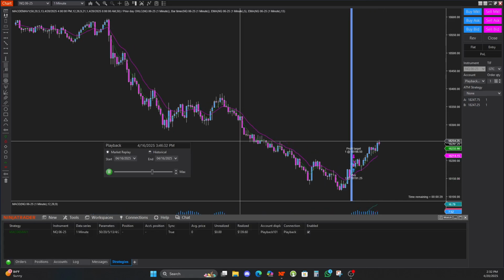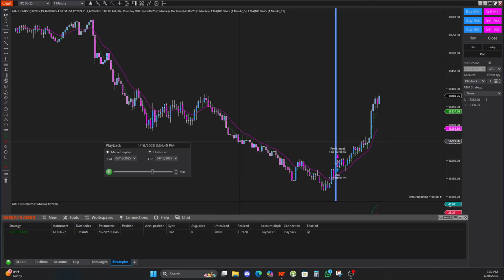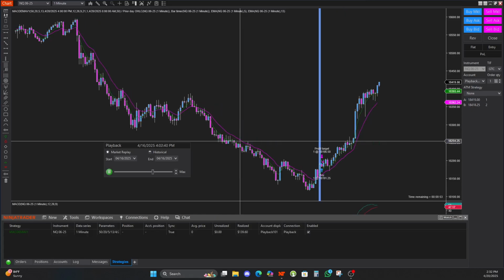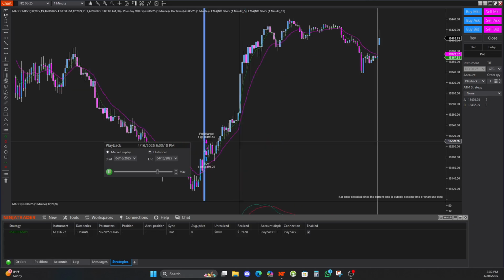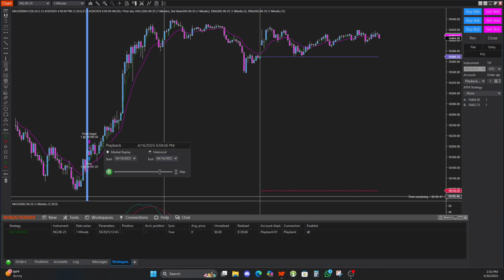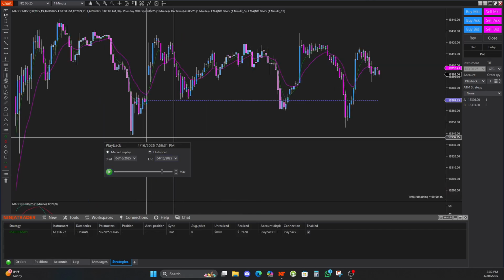Another target. Okay, and that's the end of the day. So by increasing the risk by 10 more ticks, that's like $50.